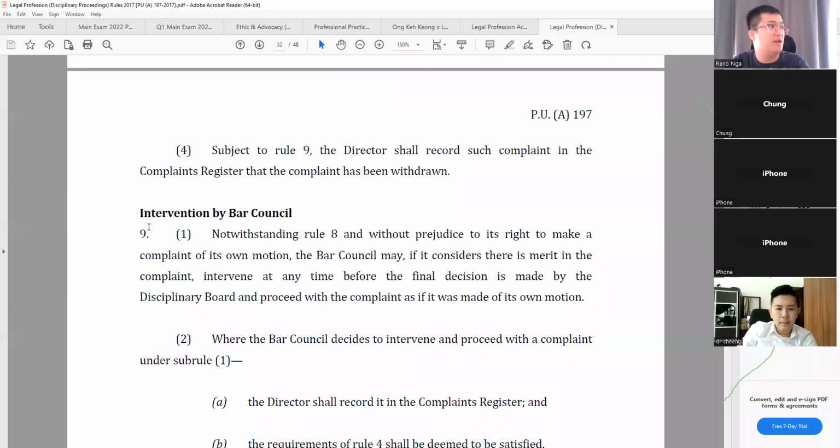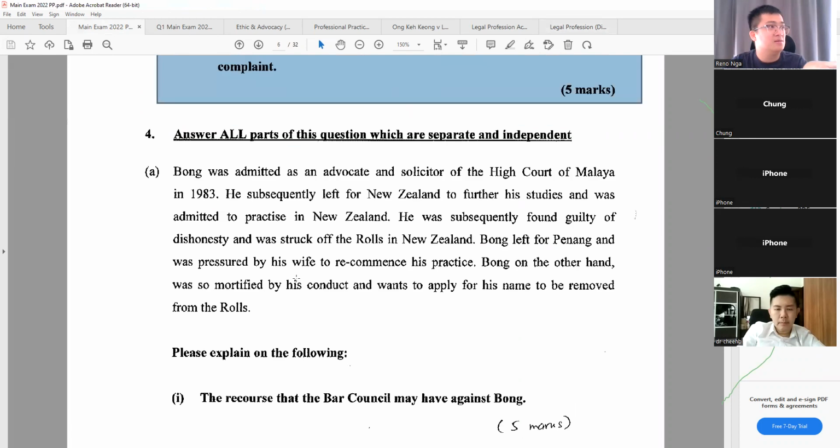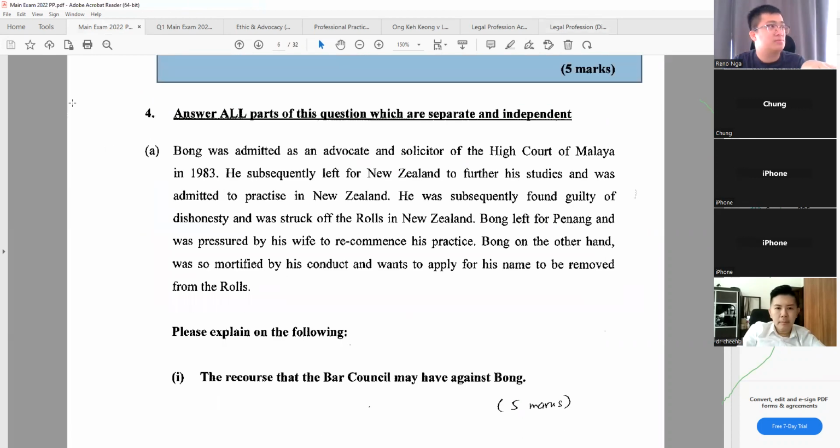The answer is yes. Intervention by bar counsel. So bar counsel, they can still continue the action if they find there is a case. So the answer is Rule 8 and Rule 9. Okay. Simple. Okay, like I say, no question, I will take it as a yes. Let us go to another one.